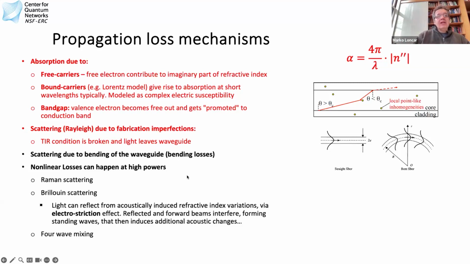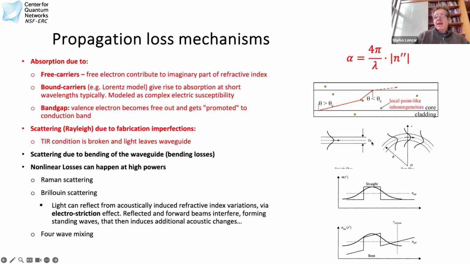And then, of course, if you bend your waveguide, like shown here, if you make some sort of sharp bend or resonator, which we're not going to talk a whole lot about, then the total internal reflection condition is also broken. If the bend is very, very sharp, basically in the ray picture, if the curvature of the interface is larger than, let's say, the wavelength, or actually a lot more than that, then light can leak.